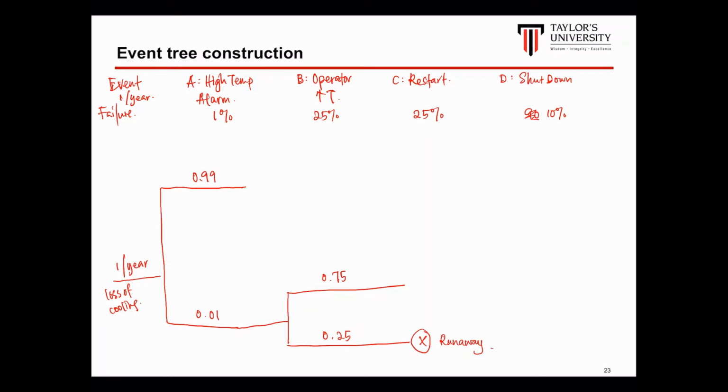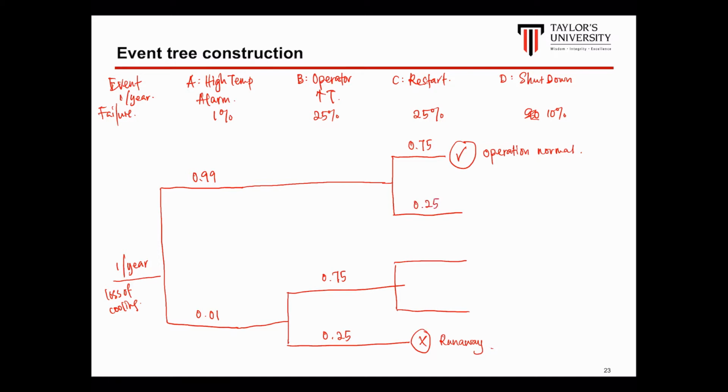If we have the high temperature alarm, we don't need our operator interventions here. Now the operators need to take actions. They will have to restart the system. Again, 75% of the time it gets to restart, and when it restarts, all good, operations normal. 25% of the time it cannot restart.